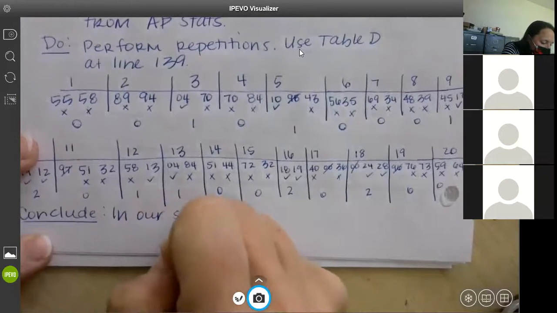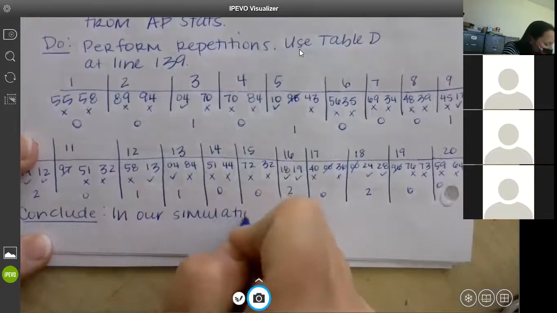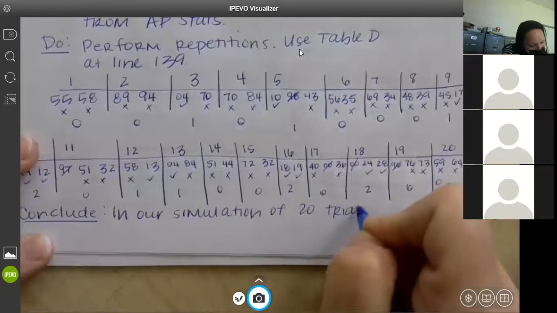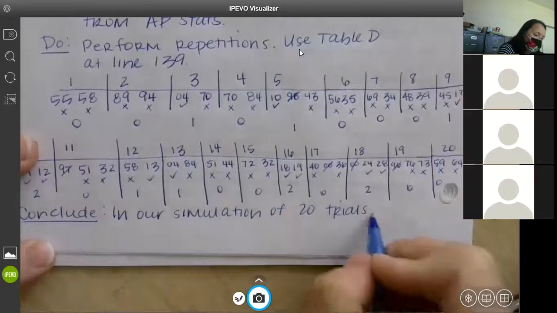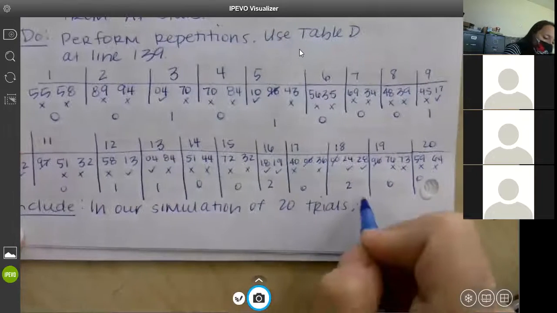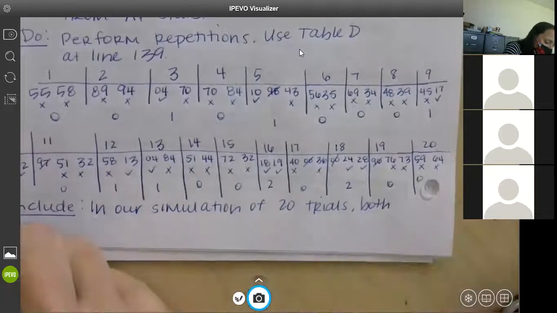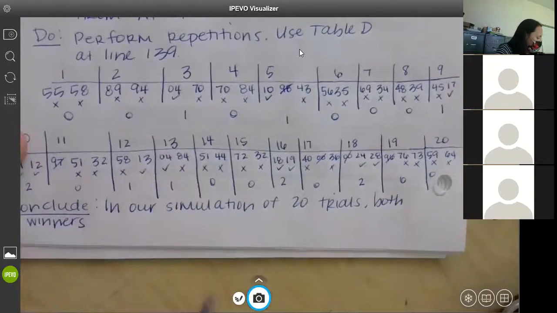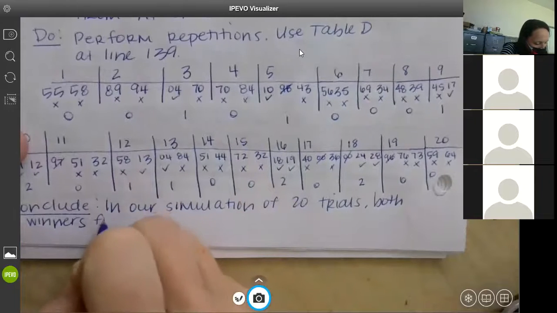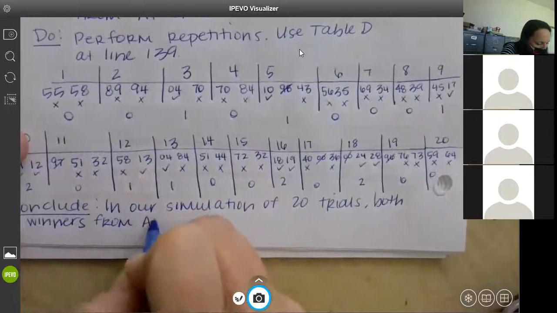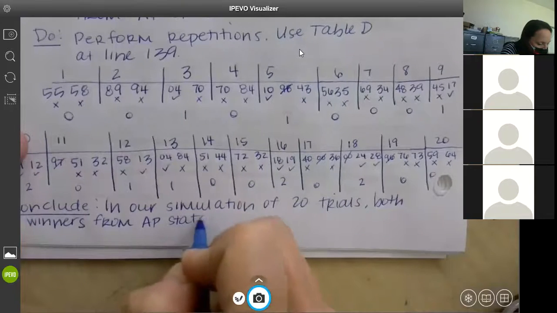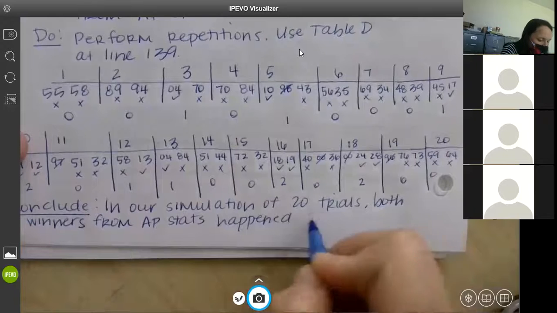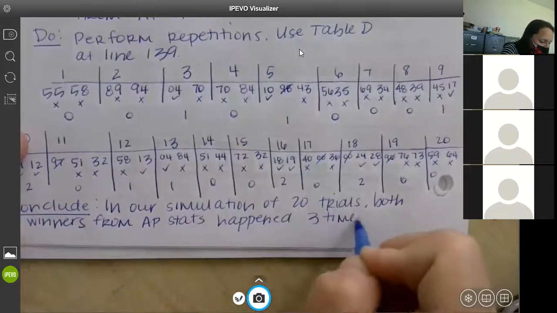In our simulation of 20 trials, both winners from AP Stats happened 3 times.